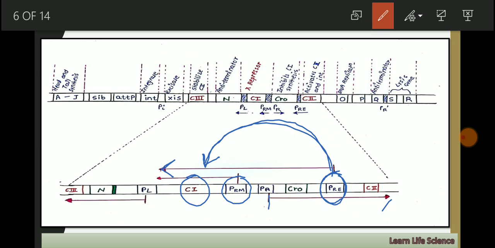The first one is the PRE promoter and the second one is the PRM promoter. Okay, these two promoters you will have to memorize, and the other ones are simple, that is PL promoter, that is going to transcribe the first early gene N. PR promoter, that is also going to transcribe the early gene, that is CRO.